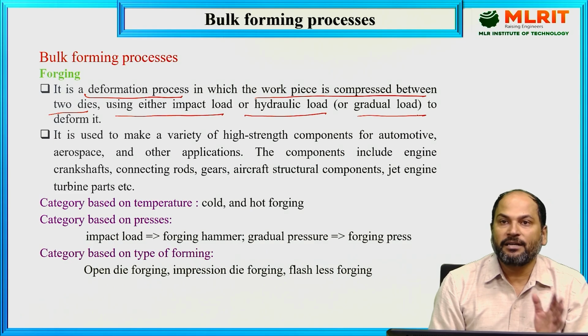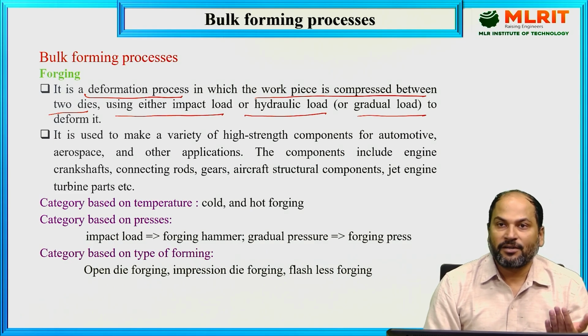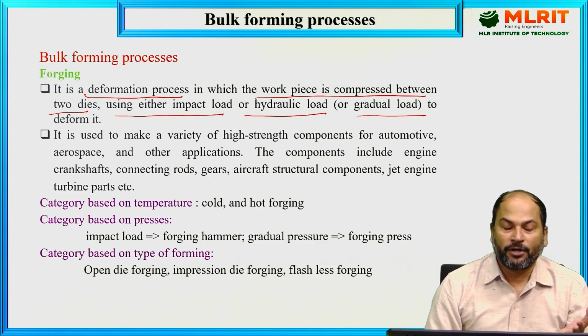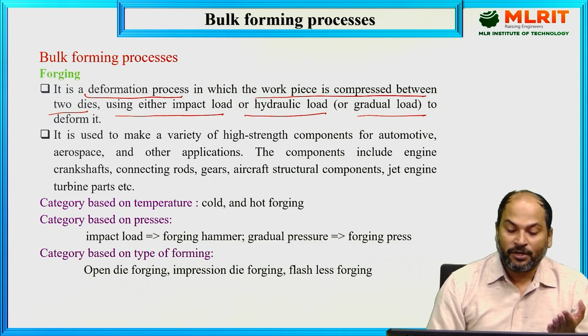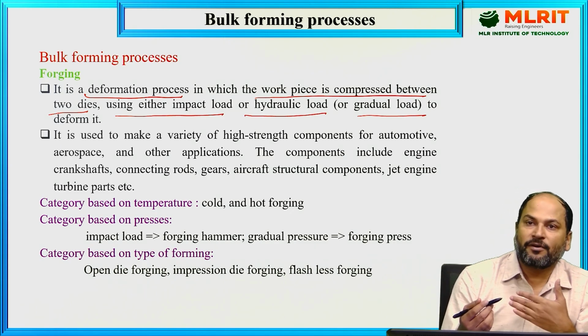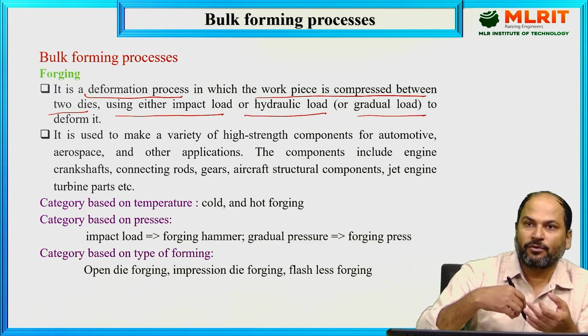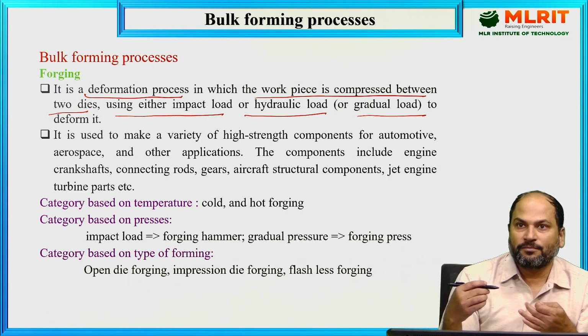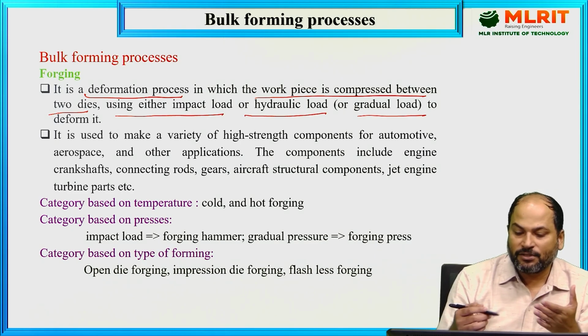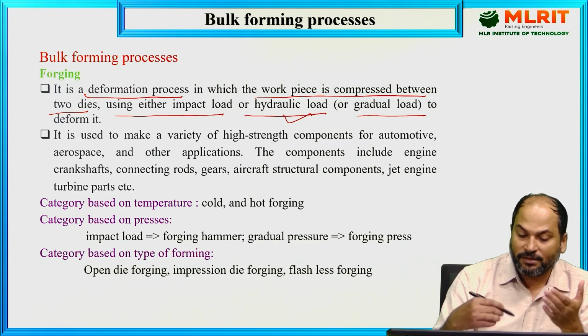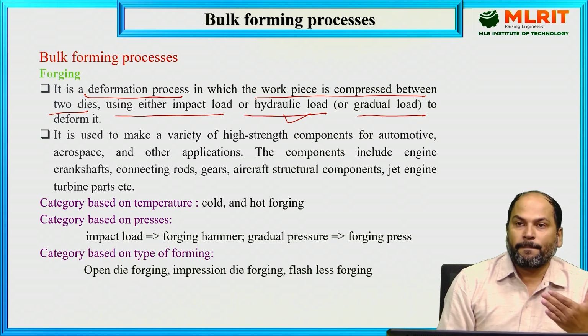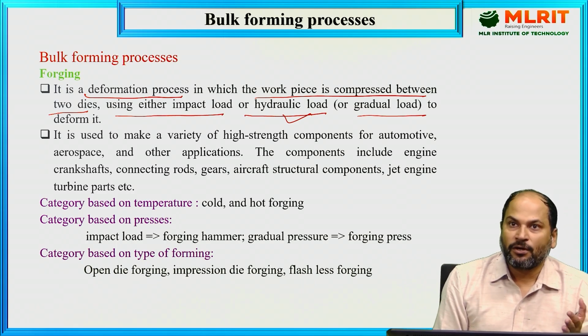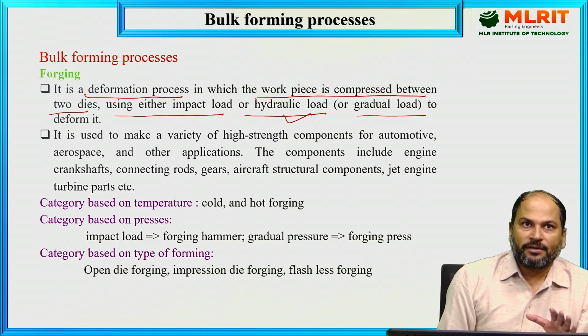That totally depends on the material that we are going to deform, and also what the applications are. Okay, so we can gradually deform the material, or through impact loading we can deform the material. Now different energy sources, it may be hydraulic, it may be other means of transferring the load. So depending upon the material we are going to follow this one.